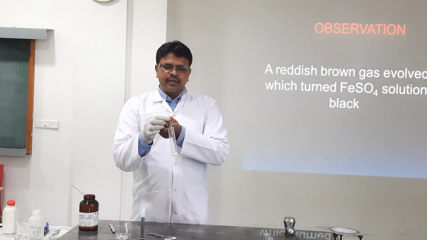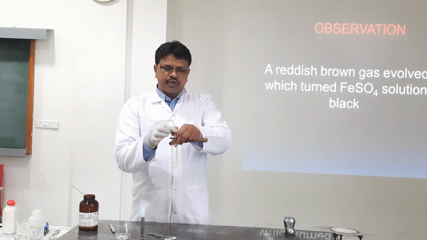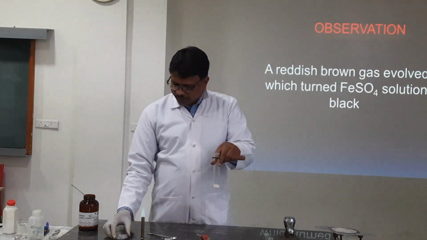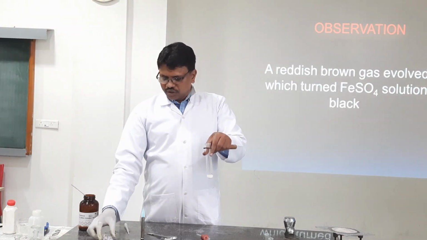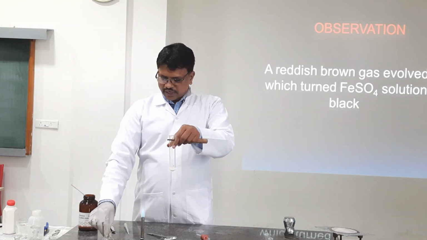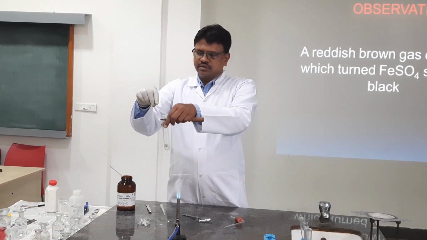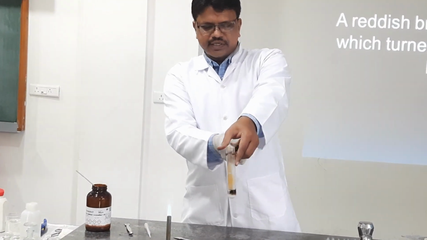Now I am going to add paper pellets also. What are paper pellets, students? Paper pellets are nothing but pieces of paper made from filter paper. These papers I am going to add to this. Now you can see the reaction.